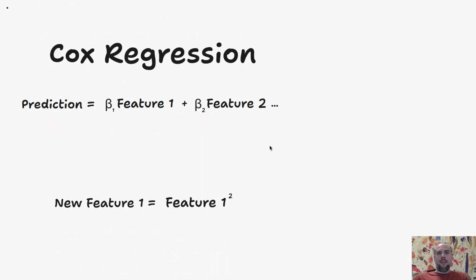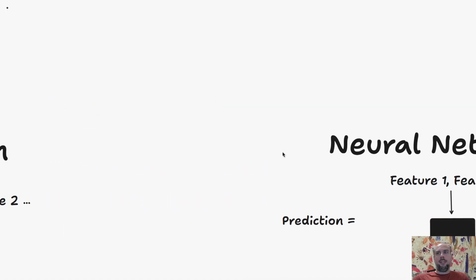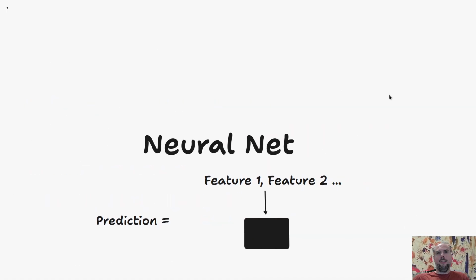So instead of trying to figure out what this transformation should be, you could just let a neural net figure that out on its own. And it can use the same exact loss as a Cox regression.